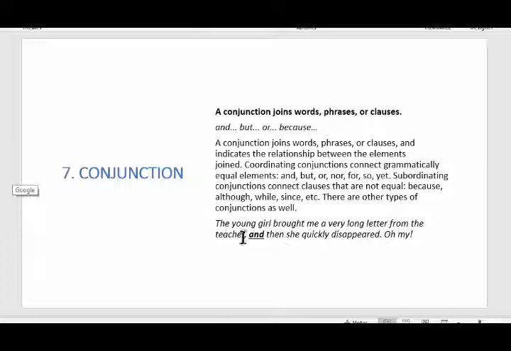If you observe here, I could have given a full stop even after the word teacher, and it would still make sense. But we have used the word and here to express a complete meaning, and then she quickly disappeared. So here we have spoken about two steps. This is how we can use a conjunction to join two phrases or clauses.